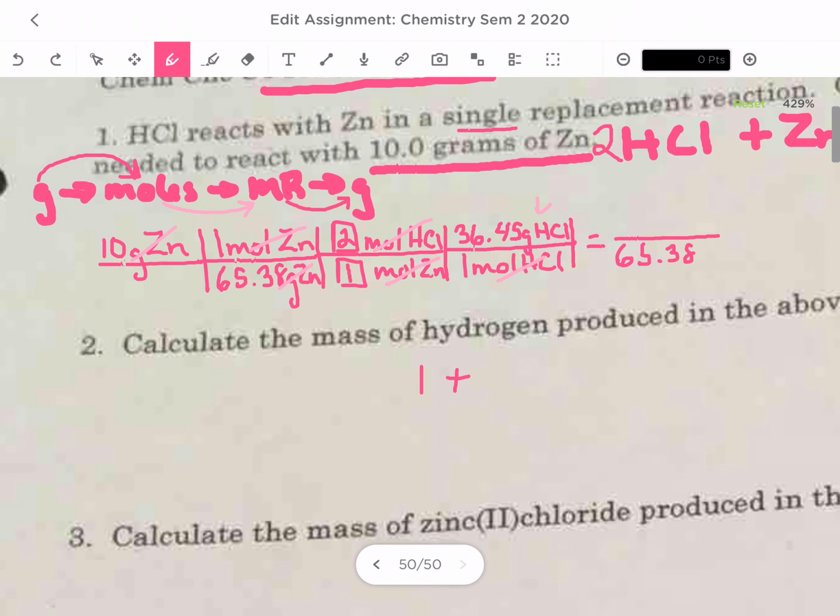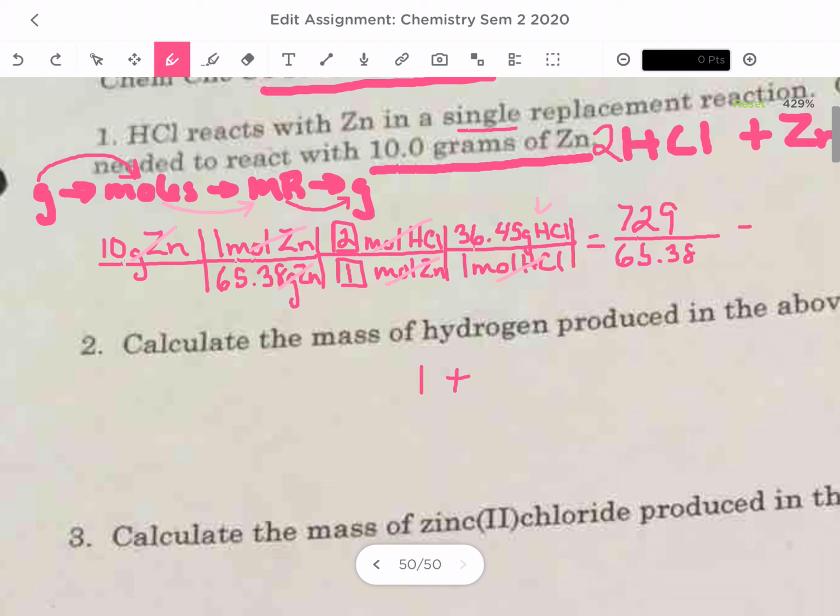Our top, I have my calculator right here. Our top is going to be 10 times 2 times 36.45, and that gives me 729.